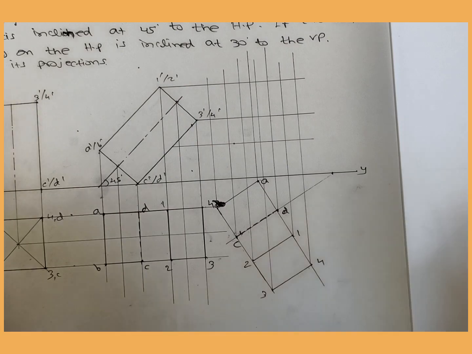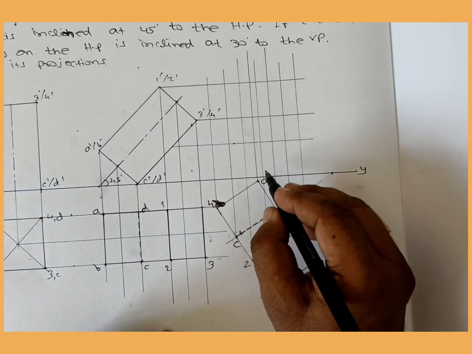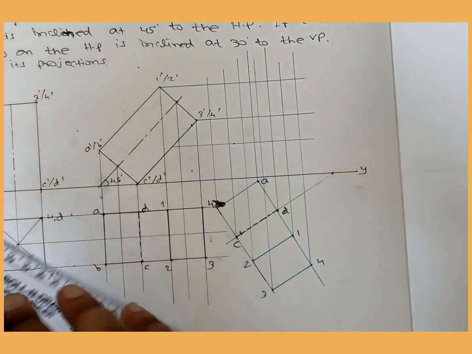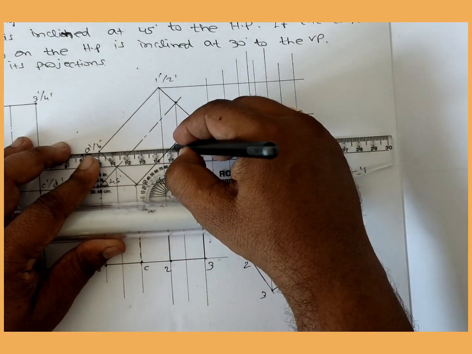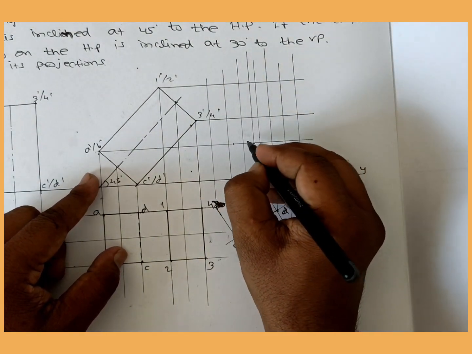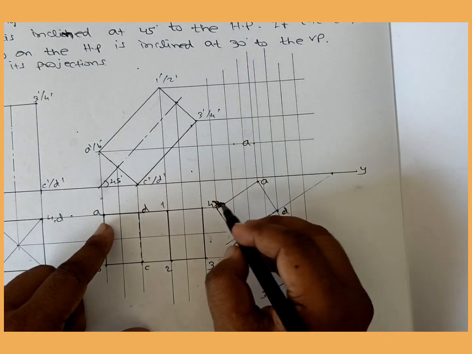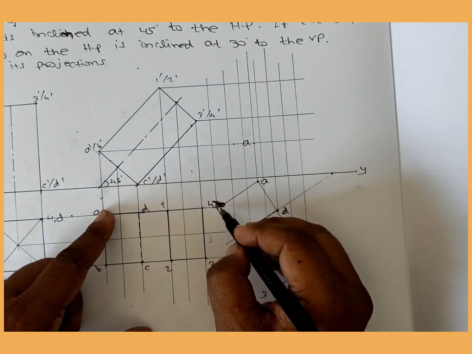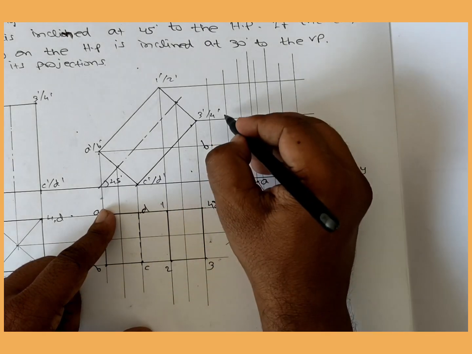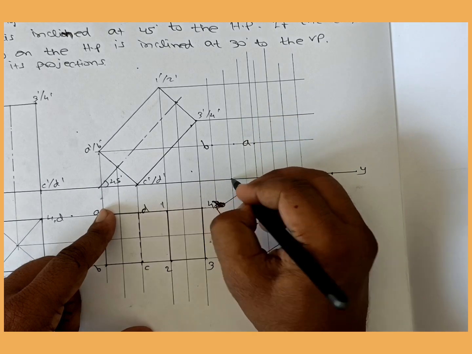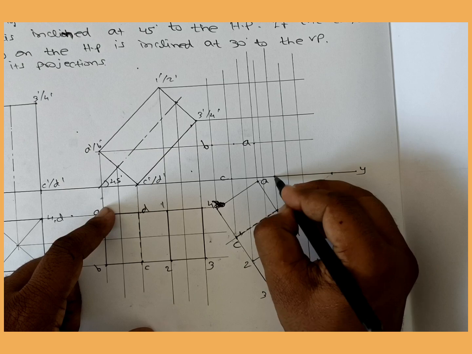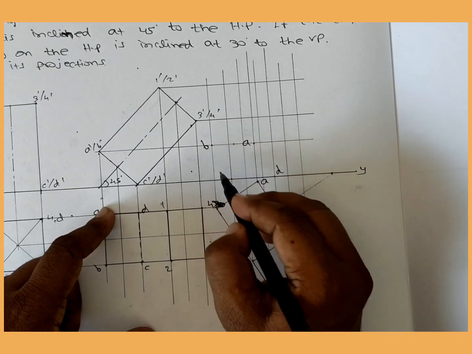Okay, now we have to see A to A intersection. This is the A and this is the A. A and A intersection is this. B and B intersection is this. C and C intersection is this. D and D intersection is this. A, B, C and D.